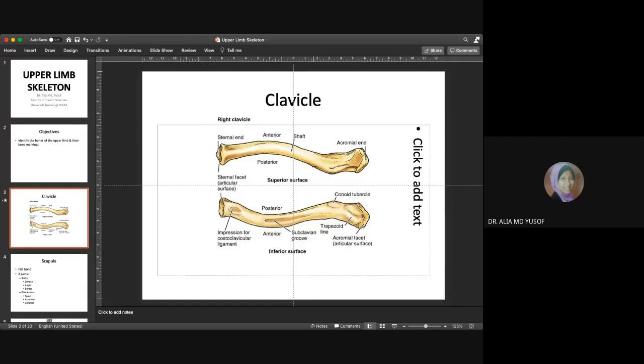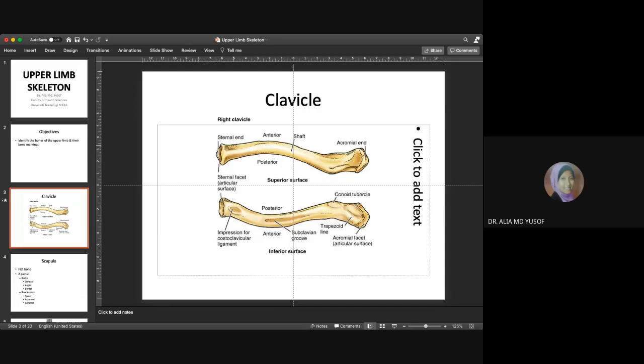Okay, 1/3 lateral is going to form a plane joint with acromion process of the scapula. It is called acromioclavicular joint. While the medial end will form a plane joint with the sternum, it is called a sternoclavicular joint.